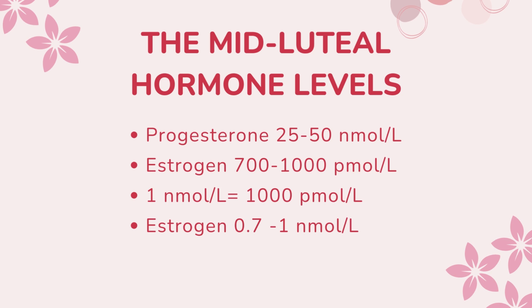So when you convert estrogen to the same unit as progesterone, you will see a big difference. At mid-luteal phase, progesterone comes in around 25 to 50 nanomole per liter, while estrogen only clocks in at about 0.7 to 1 nanomole per liter. So you can see a big difference. Progesterone really is a heavy hitter in this phase of the cycle.